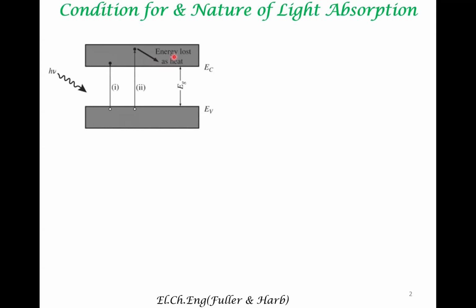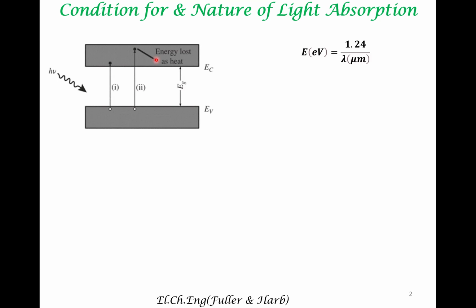We will see why we call it an energy loss, because what we are interested in is converting solar energy to some usable energy form, which can be electrical or some chemical work. So this excess energy of a photon beyond the band gap is not really usable. It is lost as heat.